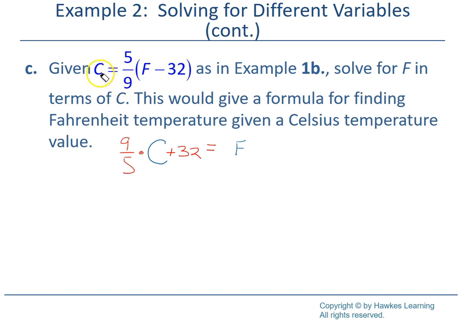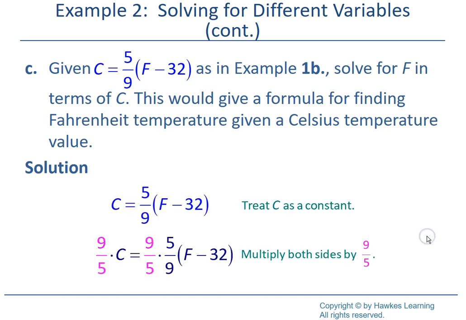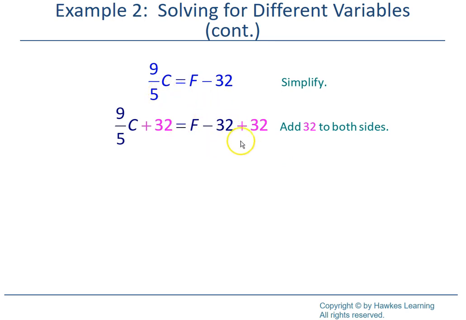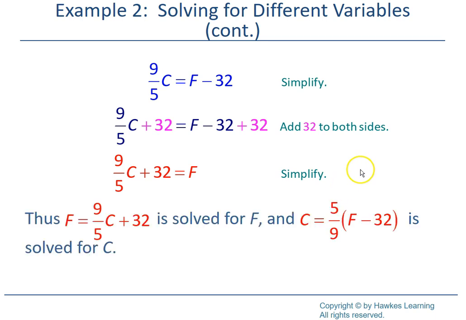So we have solved this formula for the letter F, by using techniques of solving an equation. All right, let's see what they come up with. Using the reciprocal, getting rid of the parentheses, and then adding 32 to both sides, or just transposing that, and you get this. Well done. That's what we did.